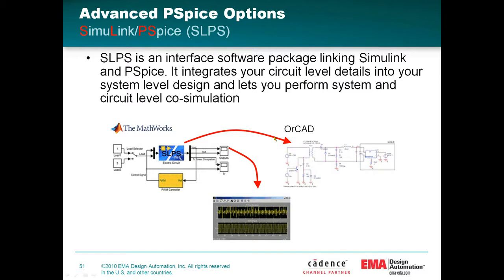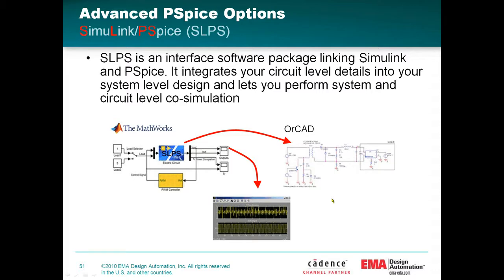mathematical simulator. What this allows you to do is put into your mathematical circuit setup in Simulink a link out to a PSpice circuit. So for instance, these things can co-simulate. When it needs simulation responses from PSpice, it will stop its simulation, go out and run this simulation to get the results out of the PSpice circuit, and then handshake back into the MathWorks simulator and continue on at that point.